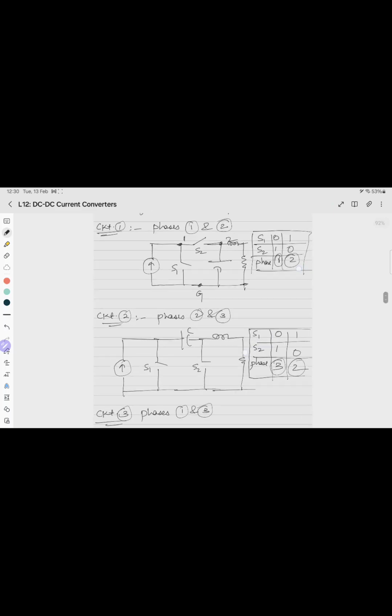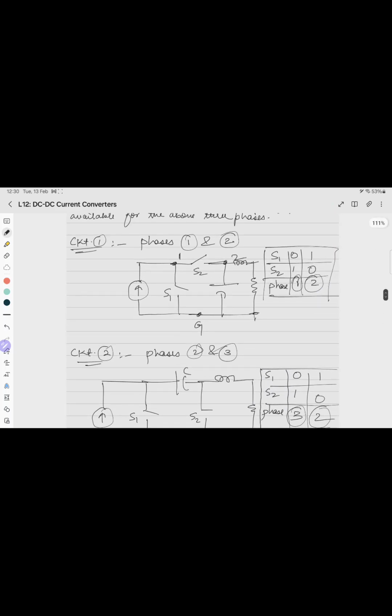I actually made a mistake in this table. So I should draw a table like this: S1, S2, so 0, 1, 1, 0, and the phase should be 1 and 2. This is the correct table.